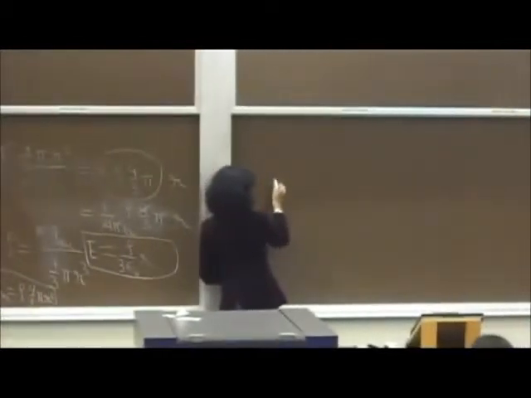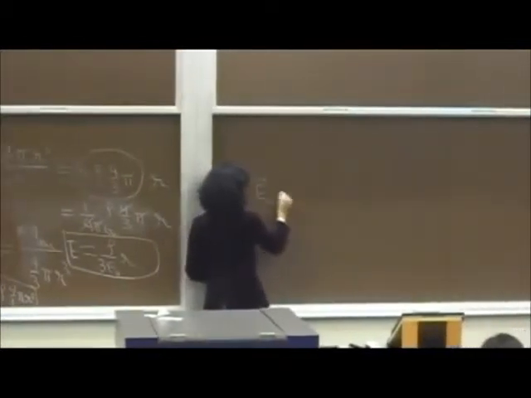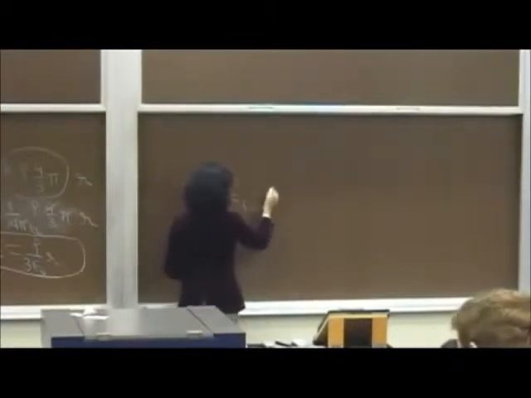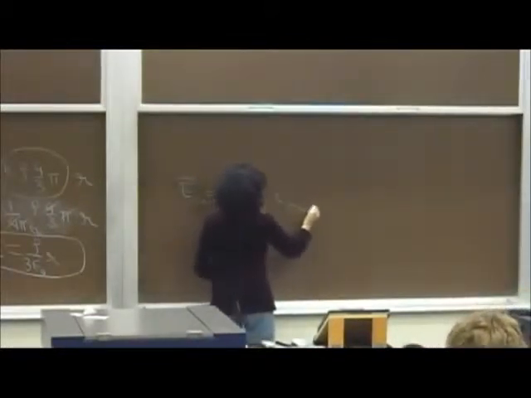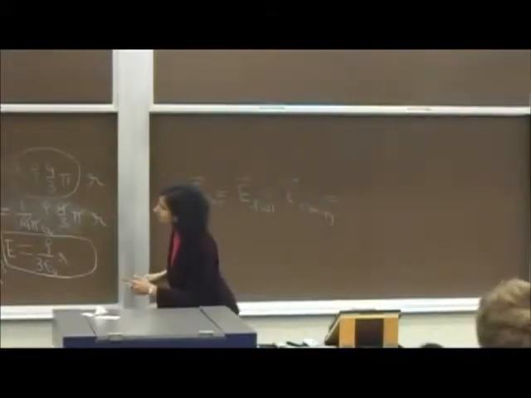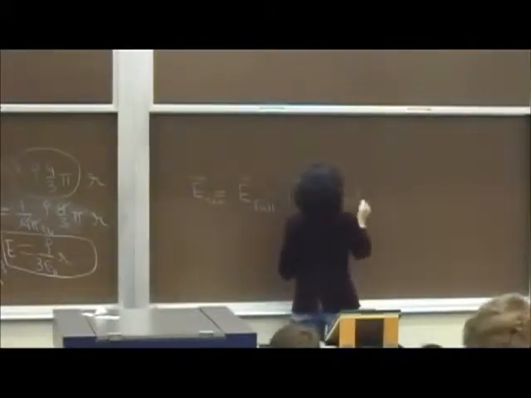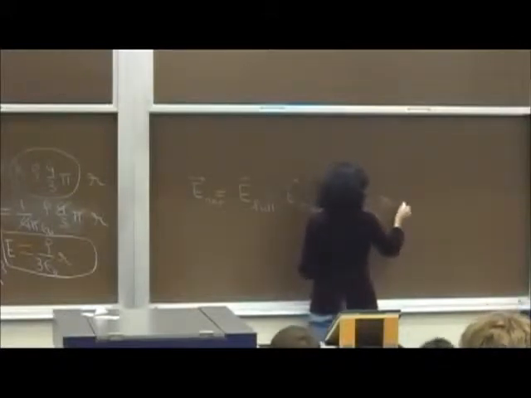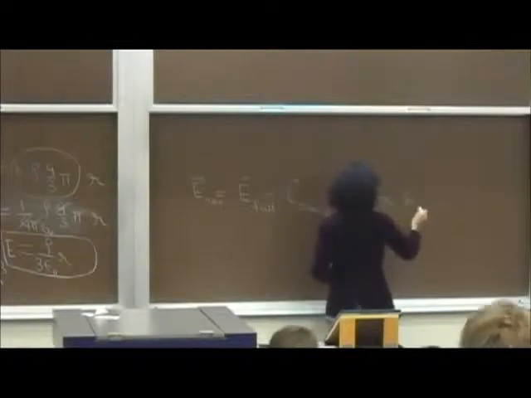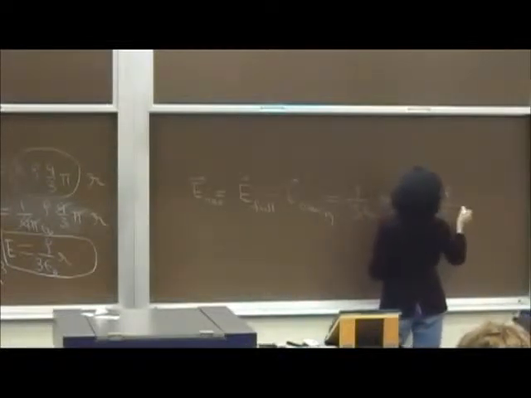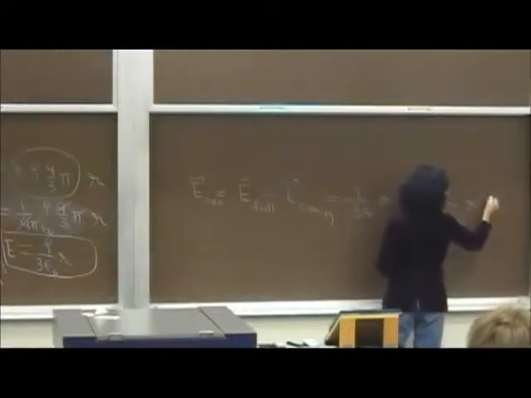E net will be E full minus E cavity, and this will be equal to rho over 3 epsilon 0 r in the r hat direction minus rho over 3 epsilon 0 r prime in the r prime hat direction.